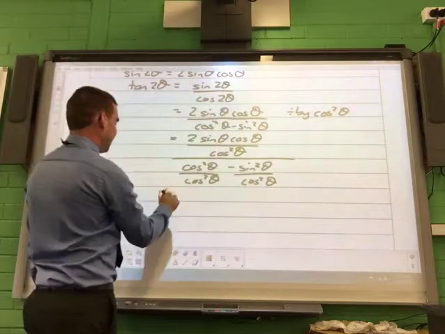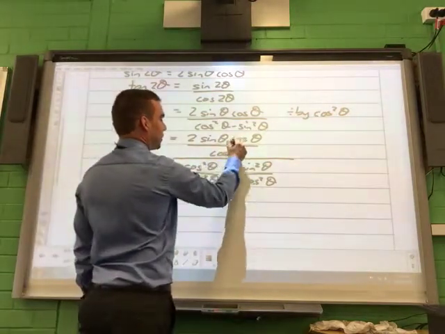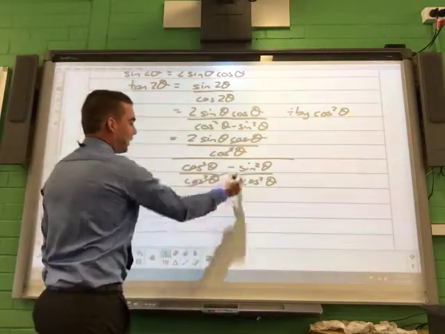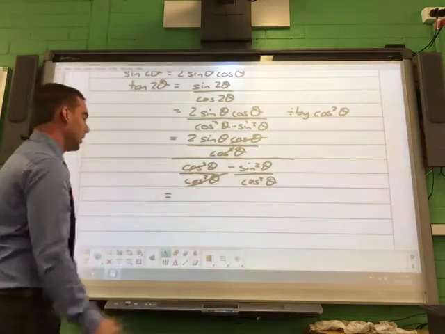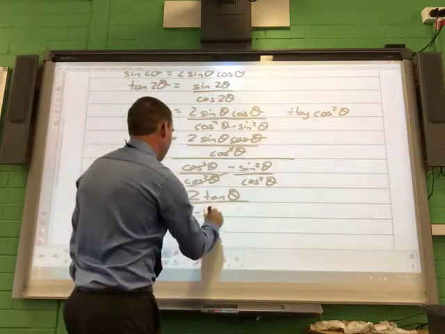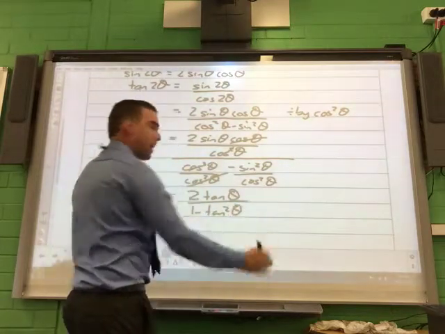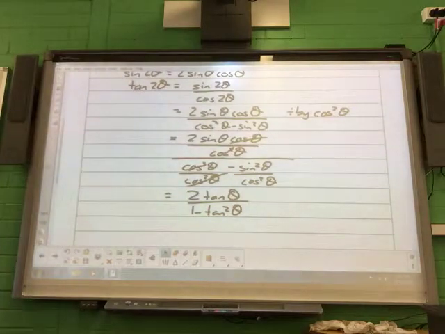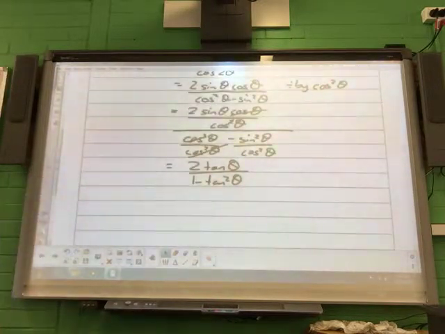Formally, these all cancel, and we know sine over cos is tan. So the result is 2 tan theta over 1 minus tan squared theta. It's a minus because 1 plus tan squared theta is sec squared theta, so that's why you need to have your 1 minus on the bottom.